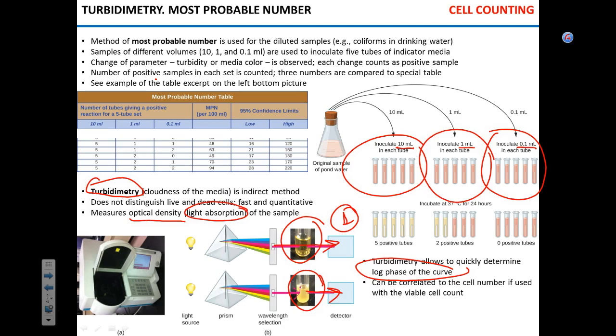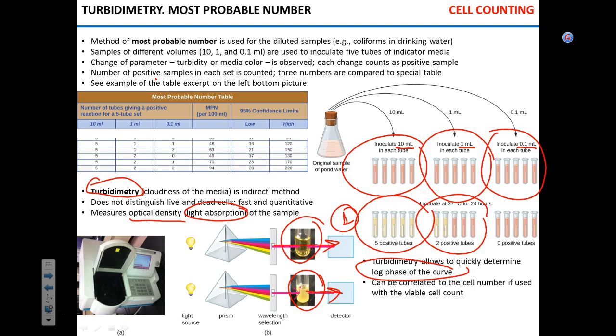So a couple of days later, you look at the results. And what you see is that all 5 10 mil samples showed bacterial growth. Not surprising, right? It's like all 10 milliliter samples contain the bacteria. Are you with me? You look at 1 mil sample and you see that only 2 tubes were positive.